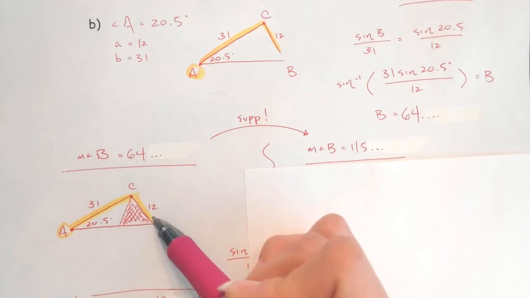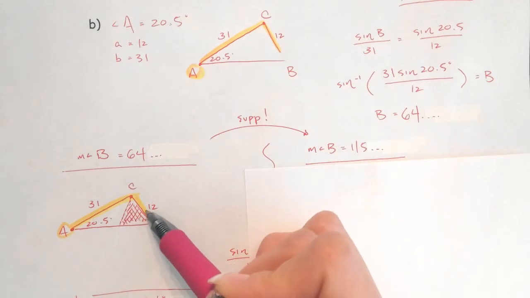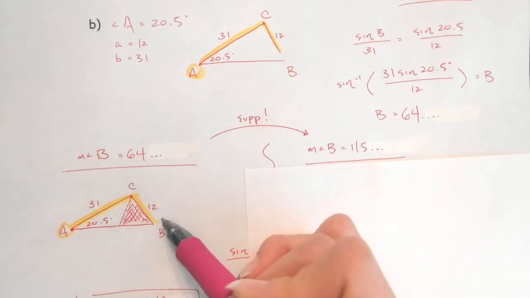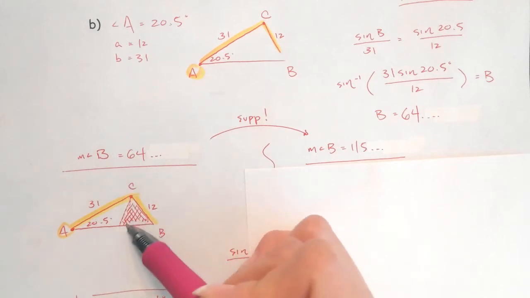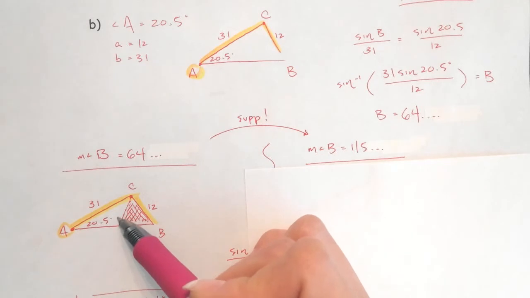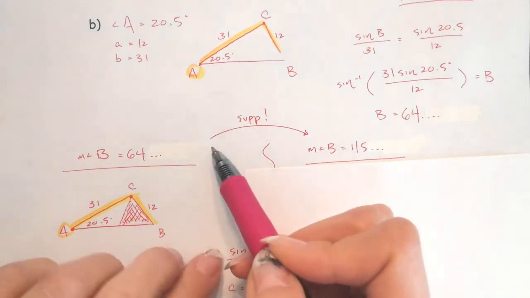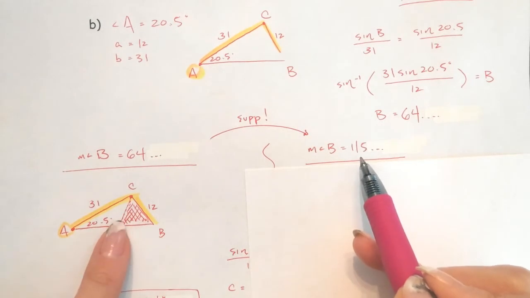It bolts the 12 into place, and the 12 swivels to the left, and now this is 12 and this is 12. This is an isosceles triangle. Isosceles triangles have congruent base angles. So if this is 64 degrees, then this is 64 degrees. How do you get the one next to it? It's the supplementary angle to this one. So this and this are the same. The one next to it is the supplementary.